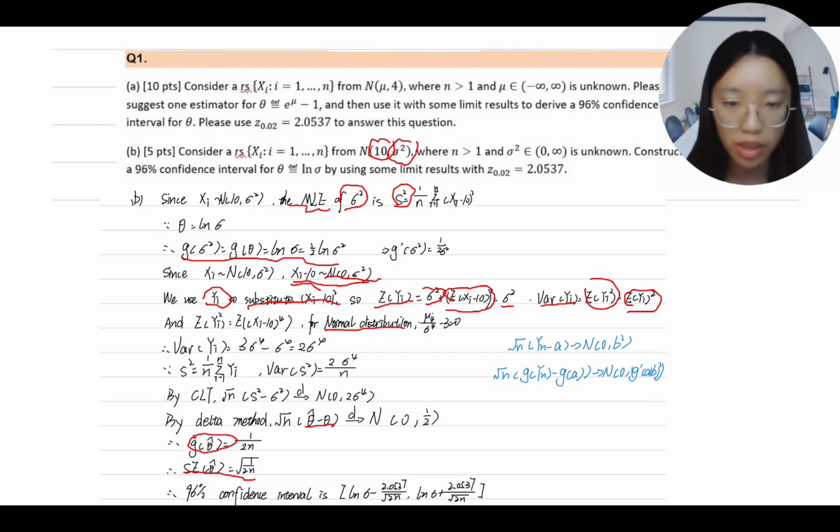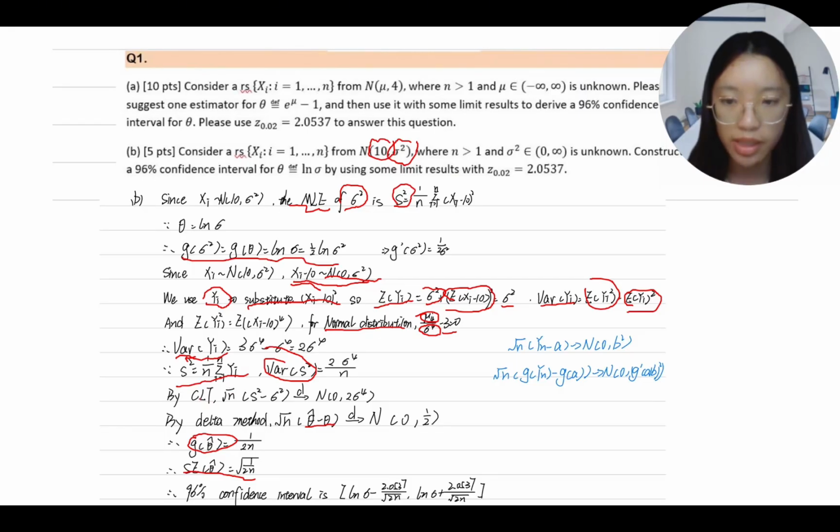We know that the fourth moment divided by sigma to the power 4 is equal to 3. So we can just calculate the variance of y1, and then take y1 into the expression of S squared and the variance of S squared, and then we get the expressions.